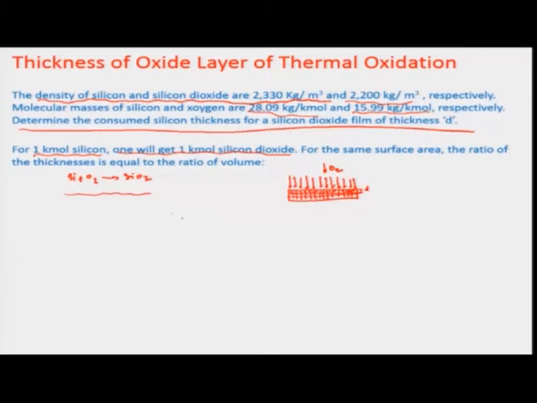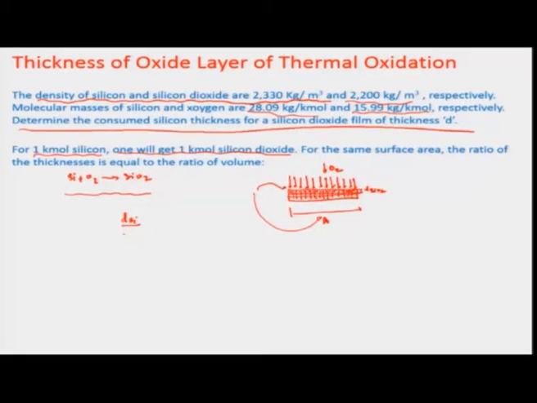So, if we wanted to estimate what is going to be the D_Si, we must look at what is the D_SiO2, and for the same area, let us say the surface area in this particular case is given by the area A. So, the volume of the silicon vis-a-vis the volume of the silicon dioxide is proportional to the depth that the silicon would have and the silicon dioxide would have.